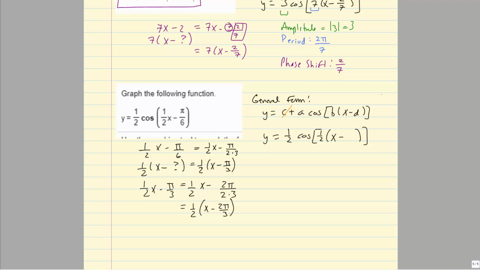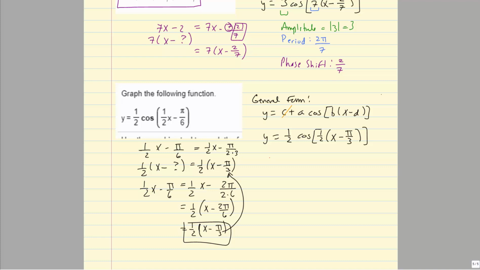But that's not the correct phase shift. So actually, I'm sorry, I did that incorrectly. This would be pi over 6. I copied the problem wrong. So this would be a 6 here. And then when I reduce the 2 pi over 6, I'm left with pi over 3. So I can get the same thing either way, whether you recognize there's a factor of 1/2 already in the denominator, or if you create one, this would be pi over 3.